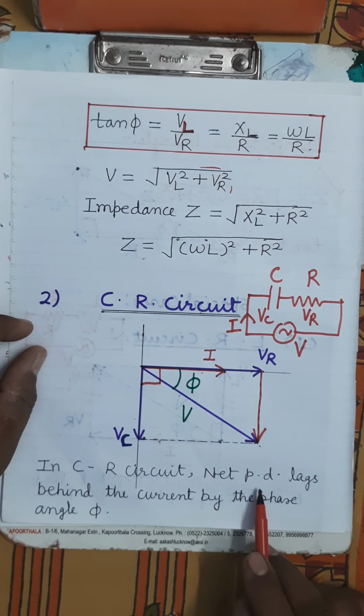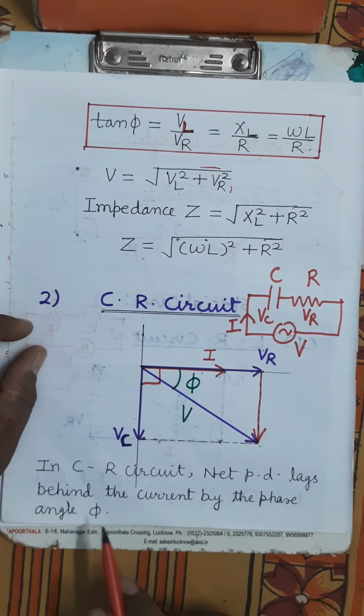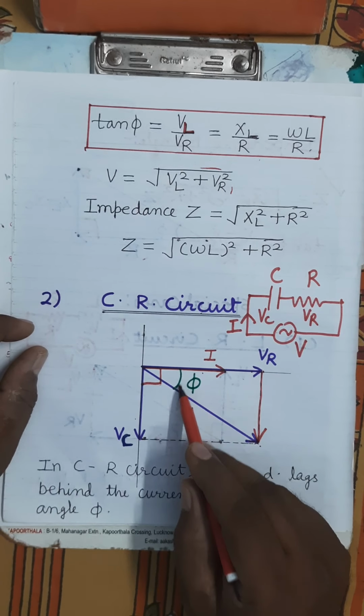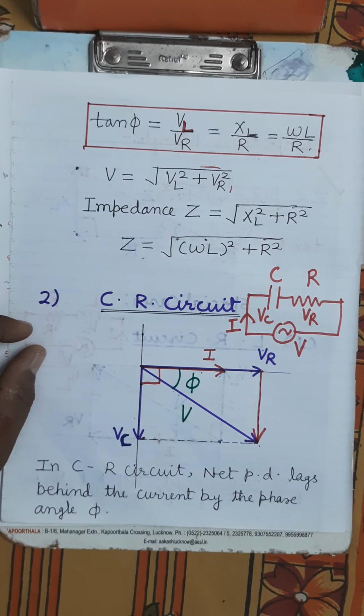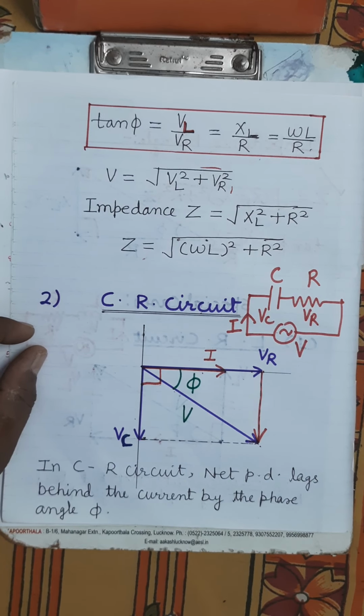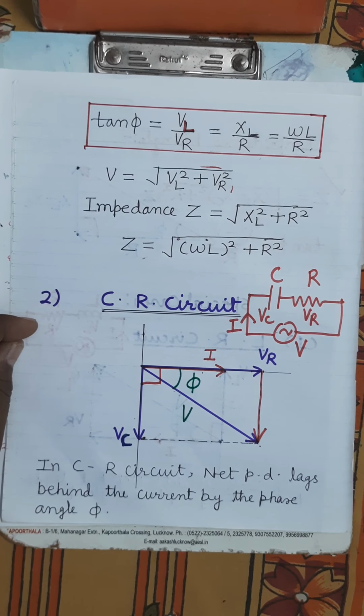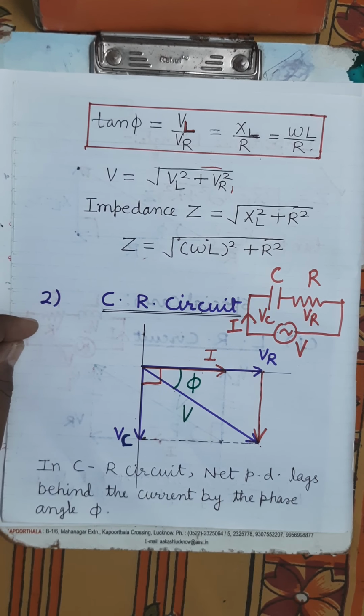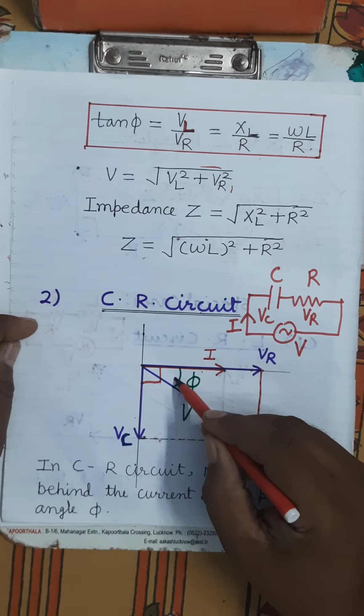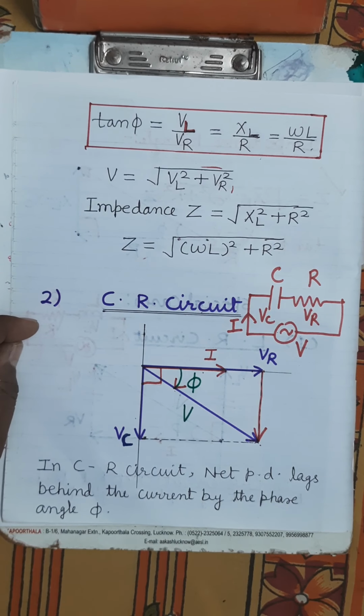In the CR circuit, the net potential difference lags behind the current by a phase angle phi. And why is it lagging behind? Because it is in the clockwise direction with respect to the current phasor. Therefore, lagging.